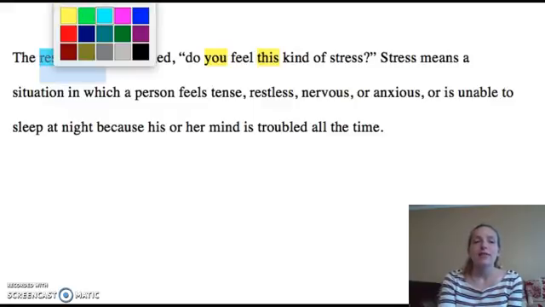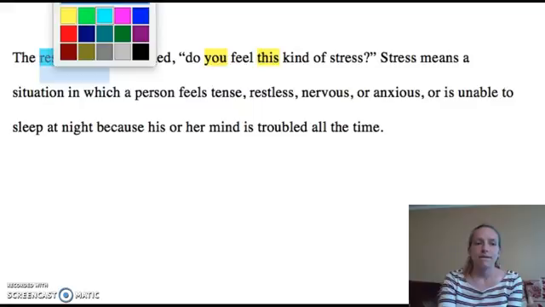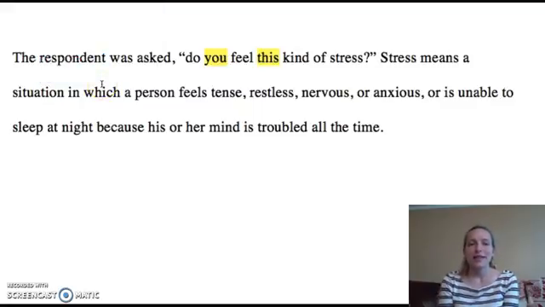Let's move on to this kind of stress. Let's look again backwards to see if we can find a singular noun, because this is singular, but something that's not alive. Let's look again.